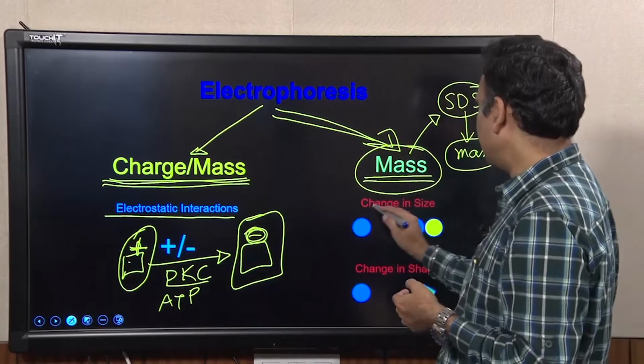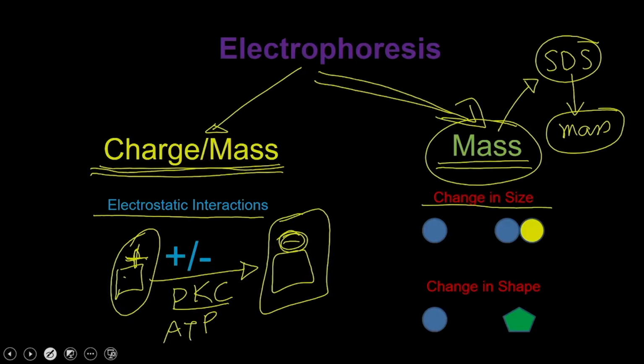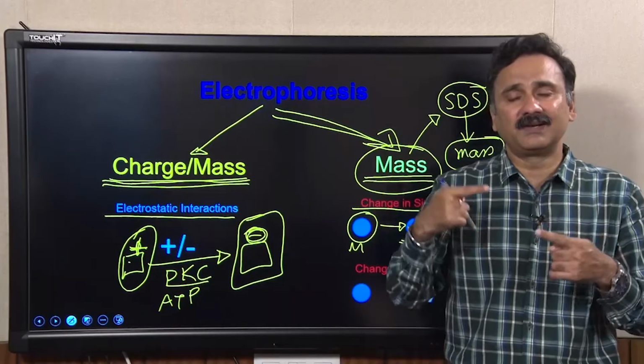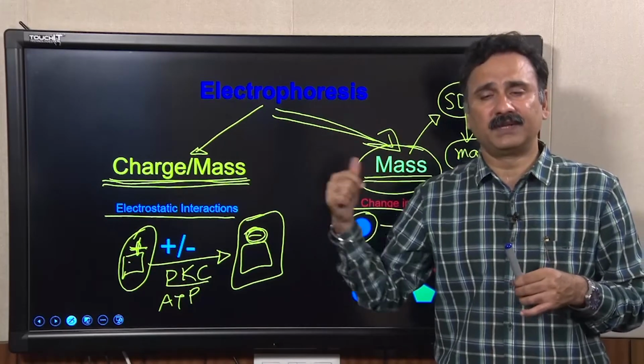We have two examples where it tells you the change in size. For example, if you have a single protein and, after some activity, it acquires additional proteins, or a monomer turns into a dimer, these can be addressed simply by using electrophoresis.